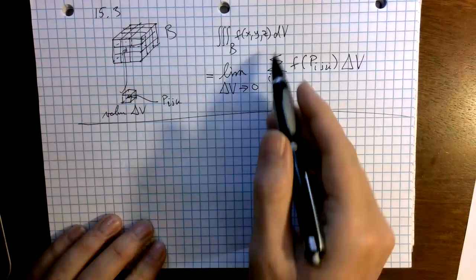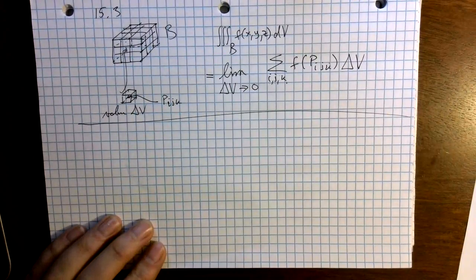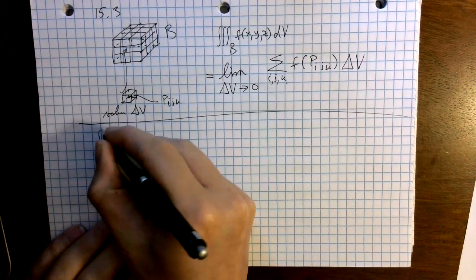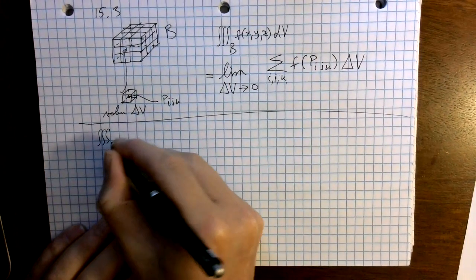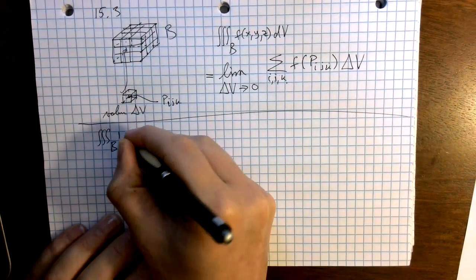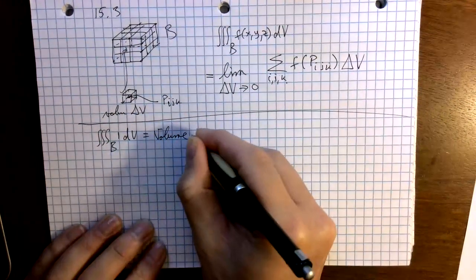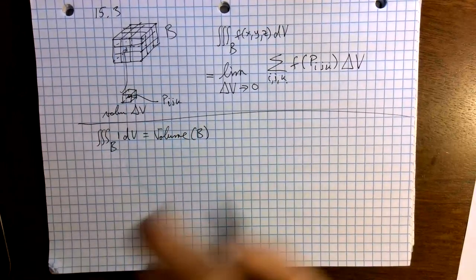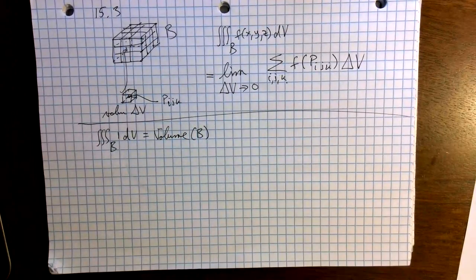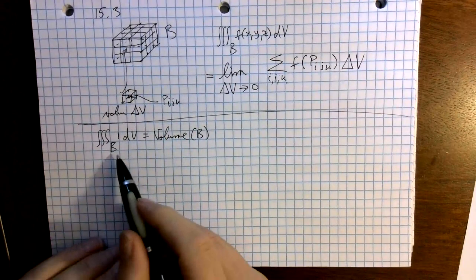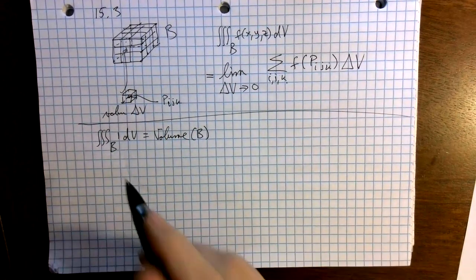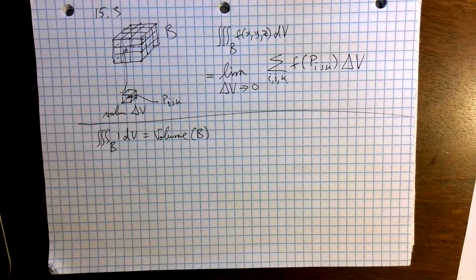But there's still a way that you can get volumes out of this, and that's if I integrate the function 1, right? So this is the volume of B. If B is a box, it's kind of trivial, but later on this B might be a more general region, right? And so you can still use it to compute volumes.